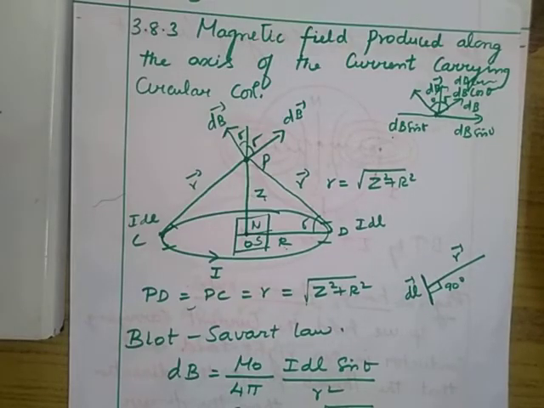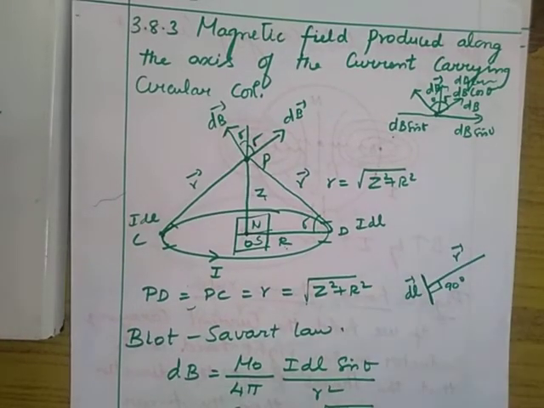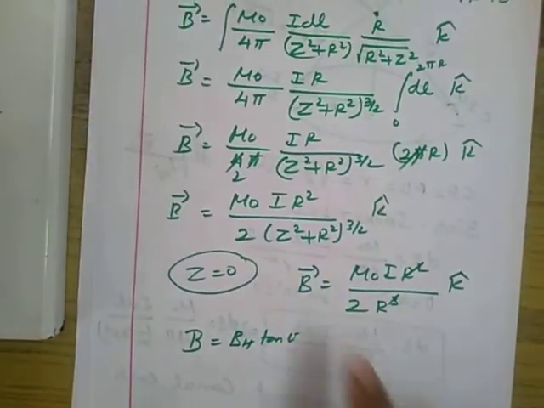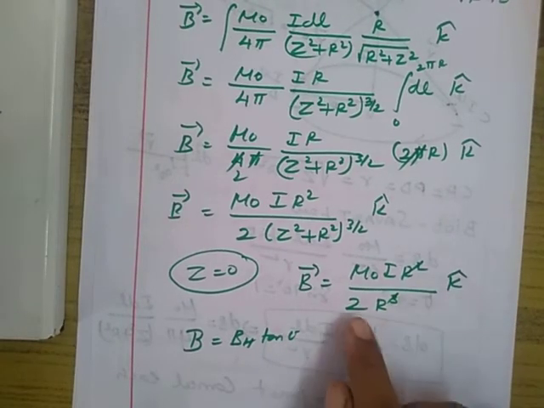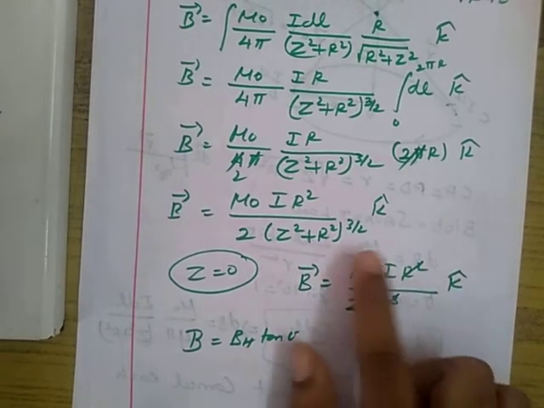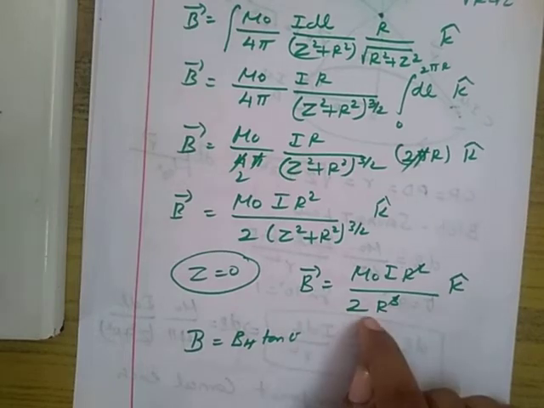It's time to recall. In today's class we learned about the magnetic field due to a circular coil by using the Biot-Savart law. We noticed that the magnetic field B vector is equal to mu naught I k cap by 2r. That is the magnetic field at the center of the coil.